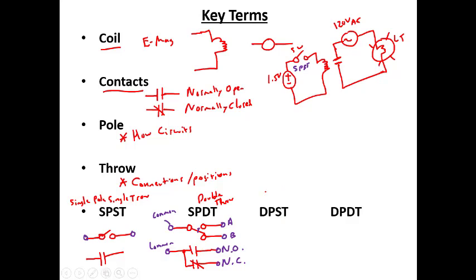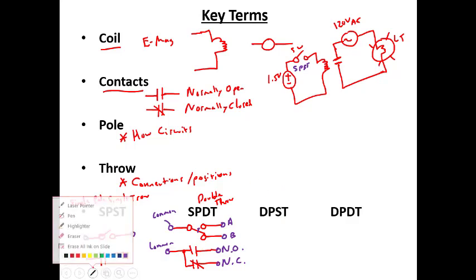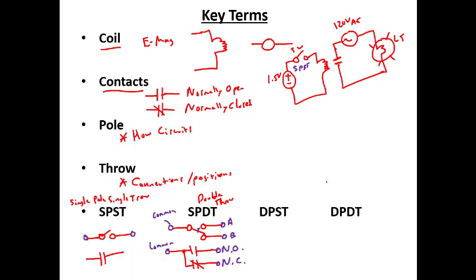Next type of switch that we'll be looking at is a double pole, single throw. So this one has 2 sets of contacts, and a lot of times this one we would draw like this.